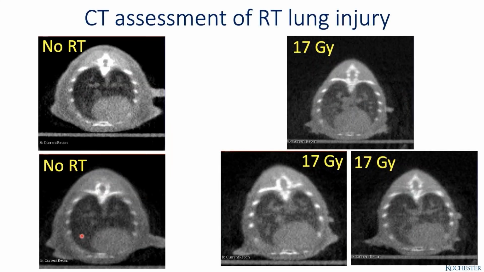We've also started exploring the use of the SARRP to non-invasively assess radiation-induced fibrosis. And in this non-quantified study here, we've got a C57 black 6 mouse, so we give a single thoracic dose of 17 gray and compare the response of the lungs using the CT imaging on the SARRP with animals that had not been irradiated.